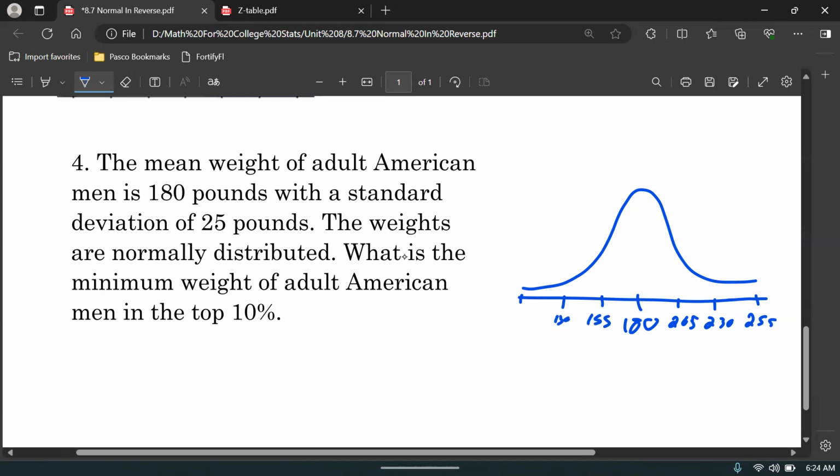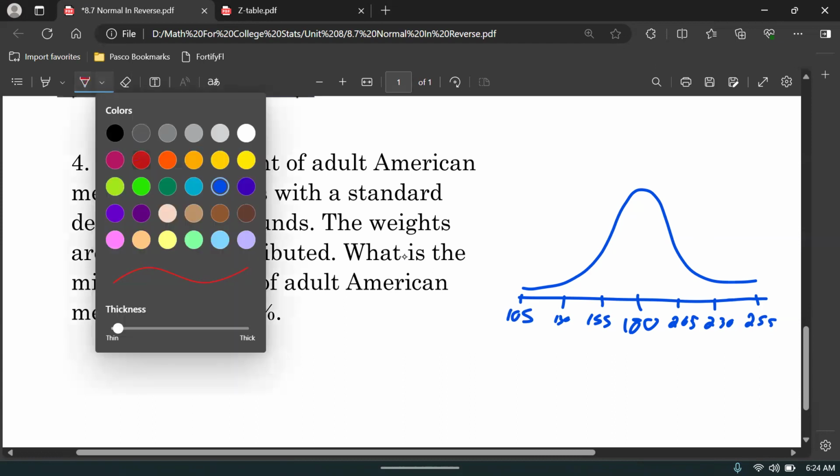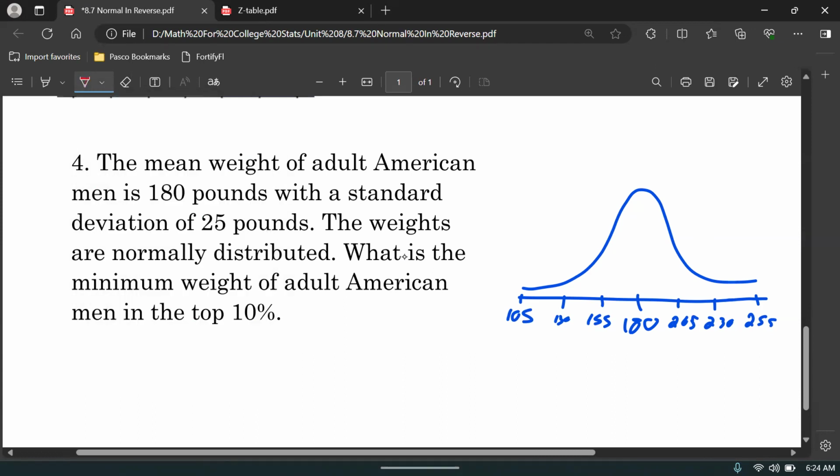And then backwards, we have 155, 130, and 105. So top 10%, it's going to be somewhere to the right, correct? But remember, top 10% means the bottom percentage is 90%. So when you're using inverse norm, again, think to the left, and the top 10% really translates to lower 90%, right?